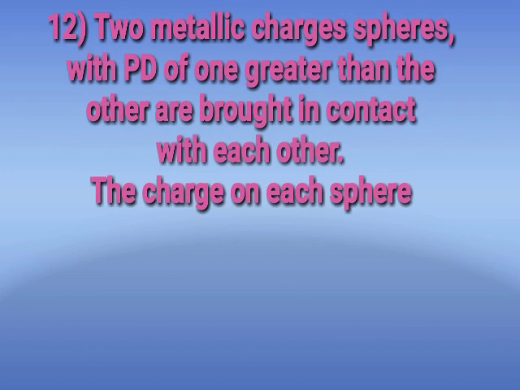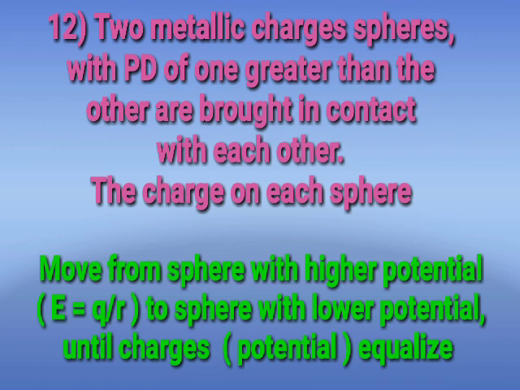Two metallic charged spheres with a potential difference, one greater than the other, are brought in contact with each other. The charge on each sphere moves from the sphere with higher potential V equals Q by R to the sphere with lower potential until the potentials are equalized.